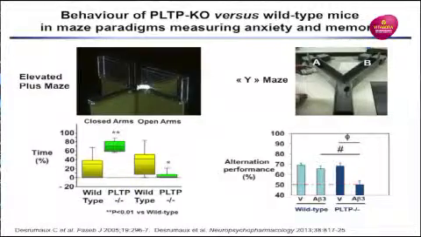In this case, animals were injected with an oligomeric preparation of beta-amyloid peptide, and we could observe that PLTP knocked out mice have a complete loss of short-term spatial memory as compared to wild-type mice or mice injected with a vehicle.